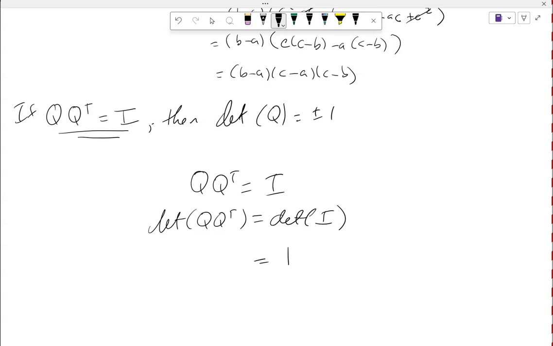And then on the left-hand side, I've got the determinant of a product of two things. How can I rewrite that? Yeah, determinant of each piece, right? So I can rewrite the left-hand side as determinant of Q times the determinant of Q transpose.